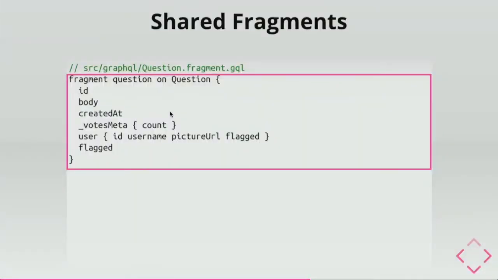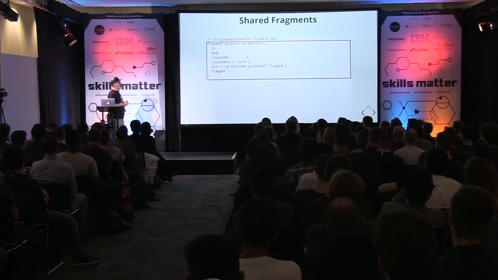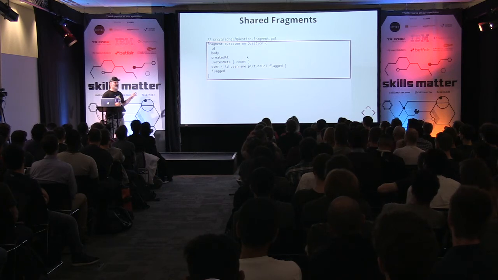So let's see that fragment. The question fragment is pointing to the question type, and it's just adding the fields that we want to get in these other different queries. The good practice is that once we define this fragment, we can start using it in different places. In the HandsUp application, this is used on every interaction with the server. So if I add a new field, I don't have to worry.